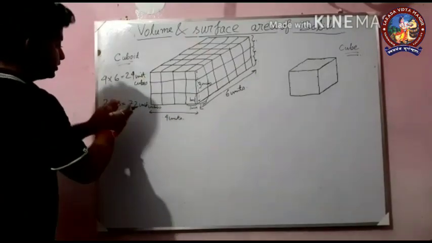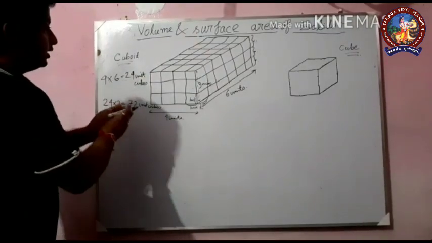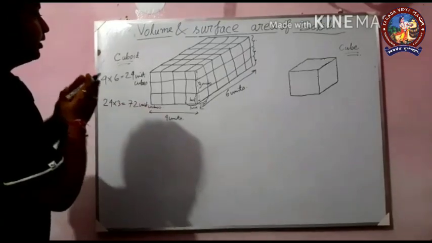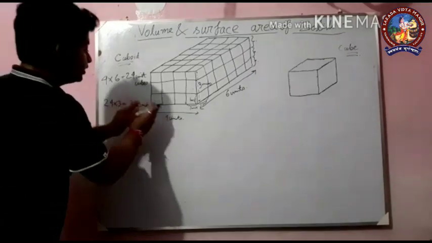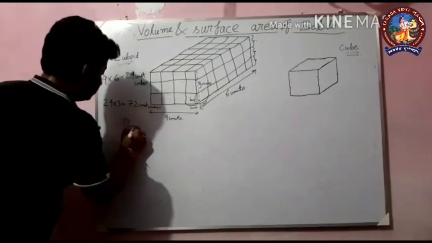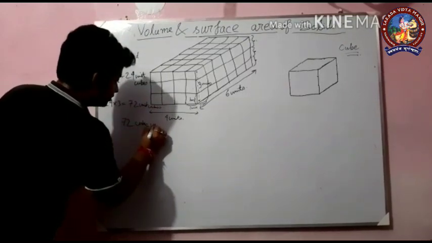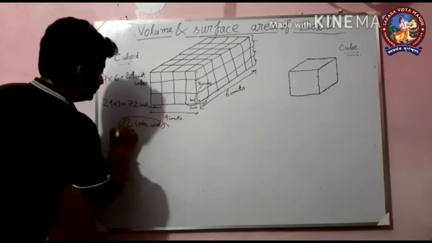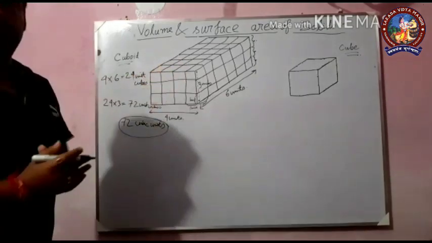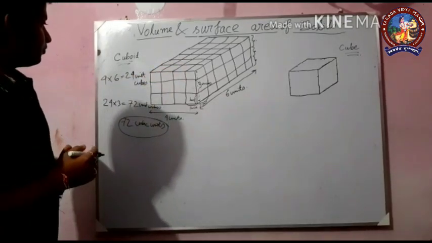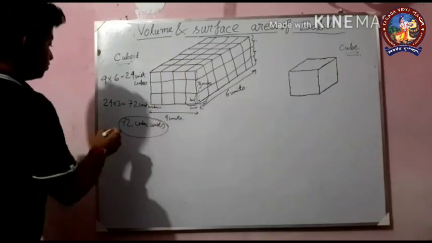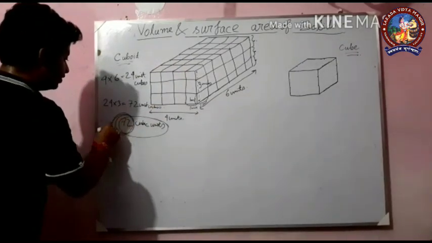And that number 72 is the 72 unit cubes, or you can say this is 72 cubic units. That is exactly the volume of this cuboid. Okay. So from where I am getting this number 72?